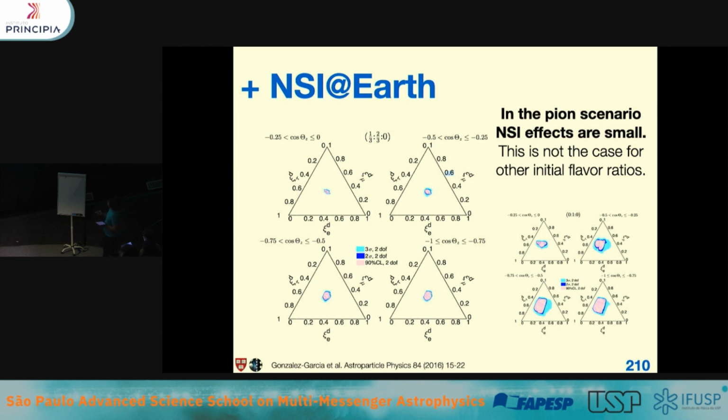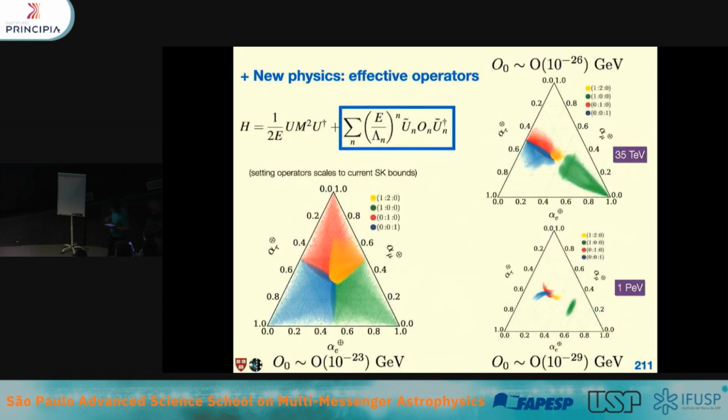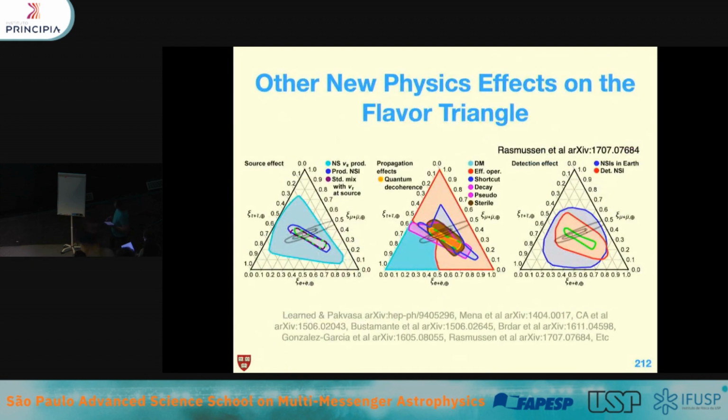But if you have some other exotic scenario, for example the muon-damped scenario, you could actually get large deviations. And in this muon-damped scenario, what that means is that you're constraining new physics that relates to neutrino interactions. Okay, I'm going to talk about this a little bit more later, so I'm going to skip this for the time being. But this is a nice way of thinking about this.